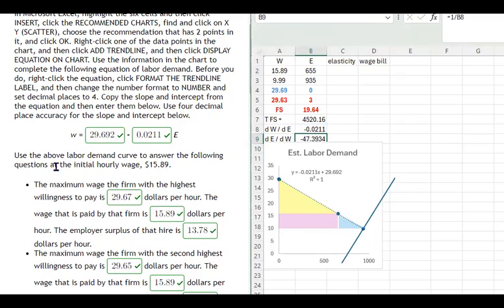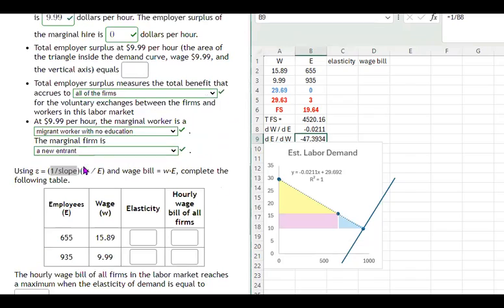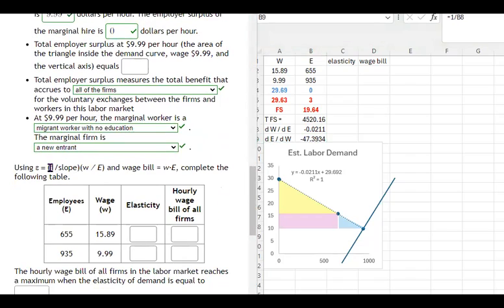And that's what we're talking about here. When we're calculating elasticity along labor demand, we want the inverse of the slope. Then this is converted to a percent change in employment divided by a percent change in wages if we multiply this by the wage employment ratio at a given point.